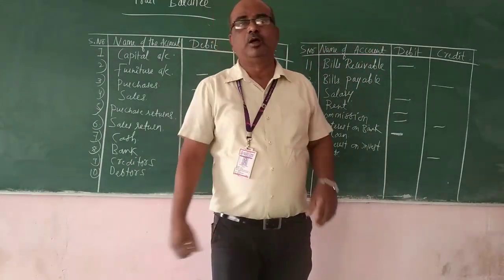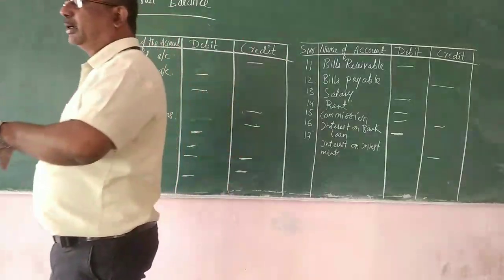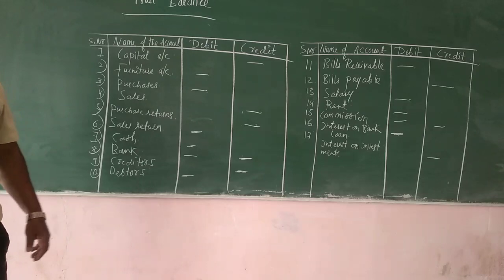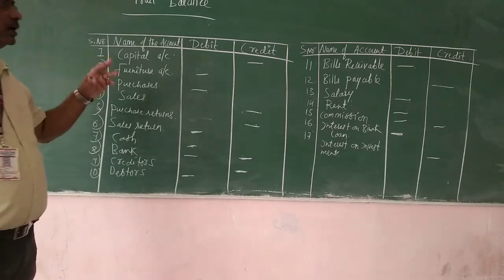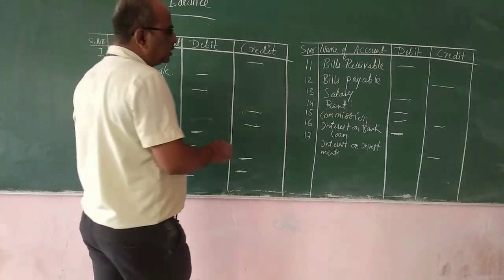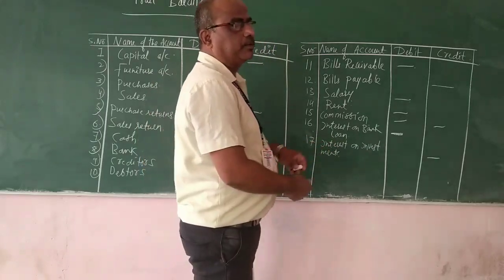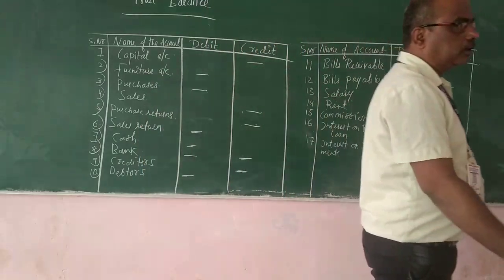So here interest on loan is debited because it is an expense, but interest on investment is credited because it is an income. I hope you are understanding the rules.